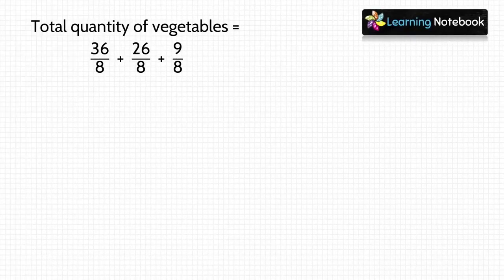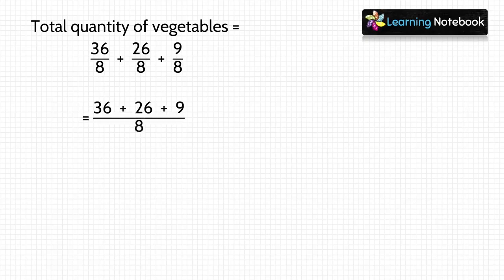So now we have got the like fractions. So let's add them. For this, we will just add their numerators. So 36 plus 26 plus 9 equals 71. So we get the fraction as 71/8.